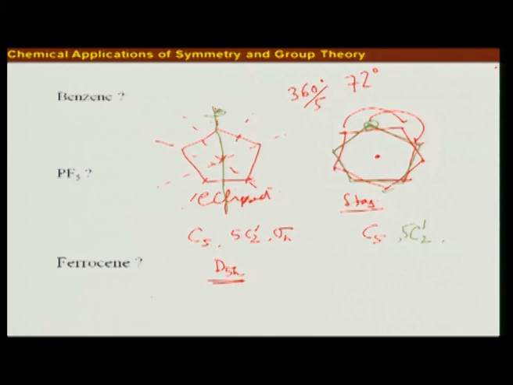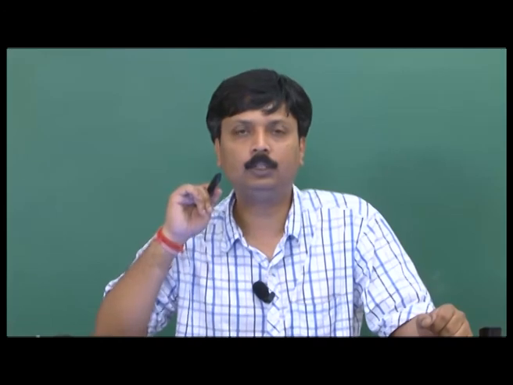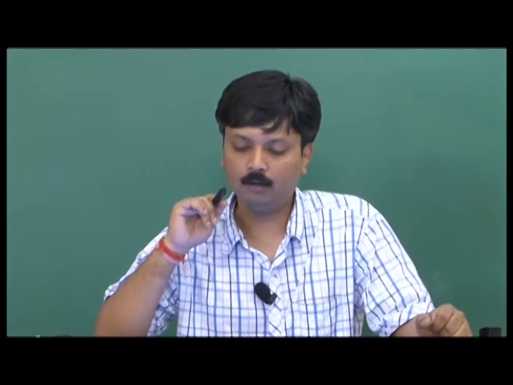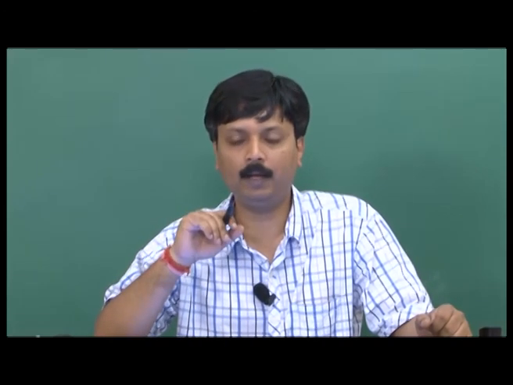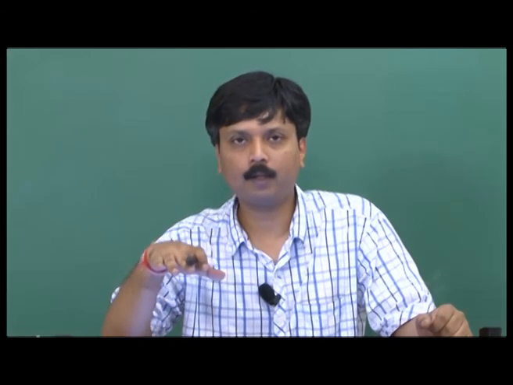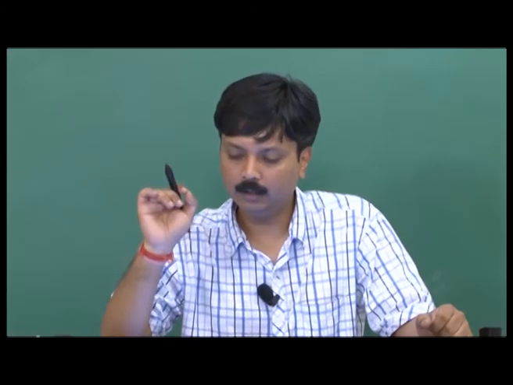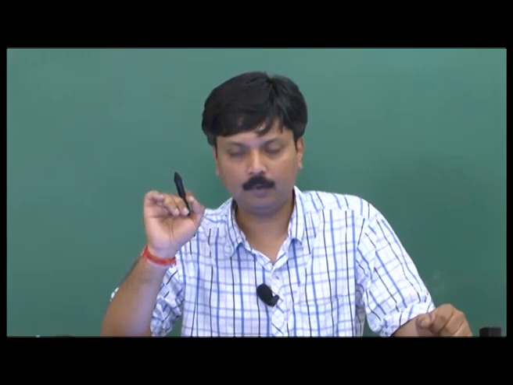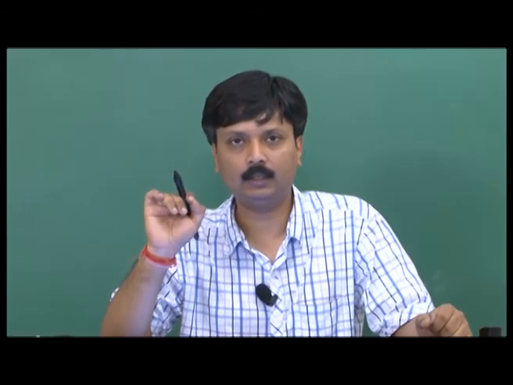Now, the question is sigma h. Here I do not see a plane which will give me an indistinguishable structure upon reflection, particularly the plane which is perpendicular to the C5 axis. So, I do not have any sigma h.